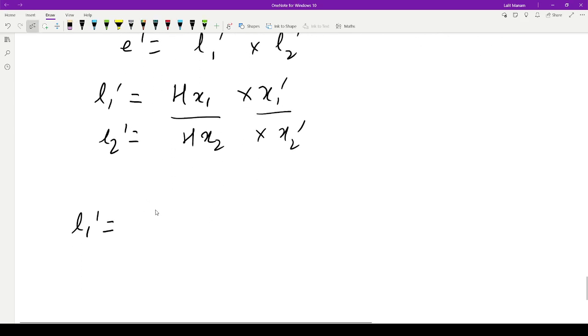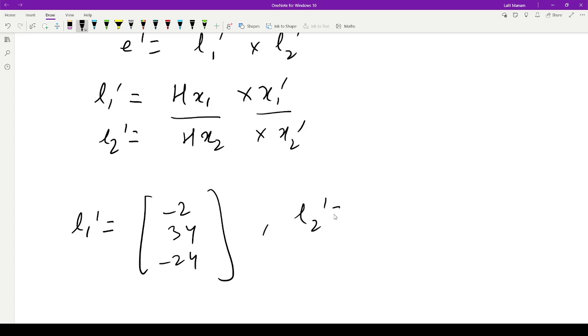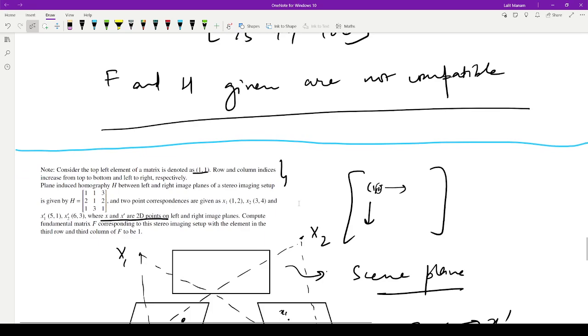Okay. So we'll just write out the numbers. If we now know these things, L1 prime will turn out to be minus 2, 34, minus 24. L2 prime will turn out to be, these values are given, right?